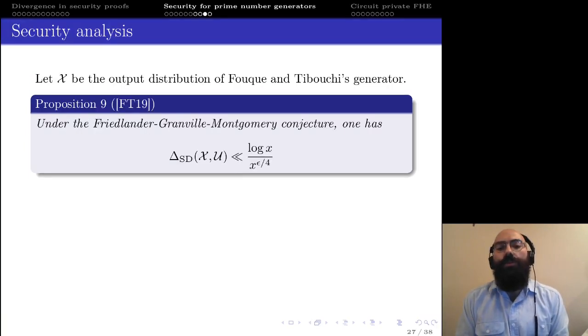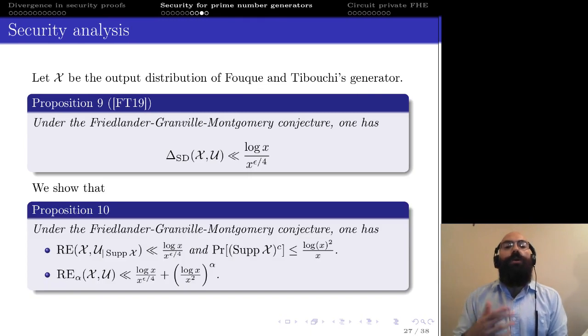Now, what they show in the original paper is that under a conjecture from number theory, the Friedlander-Granville-Montgomery conjecture, they showed that the statistical distance between their generator and the uniform one can be made arbitrarily small. And this is the bound they get. So it shows that asymptotically this generator is secure.